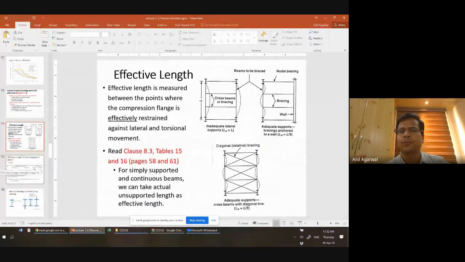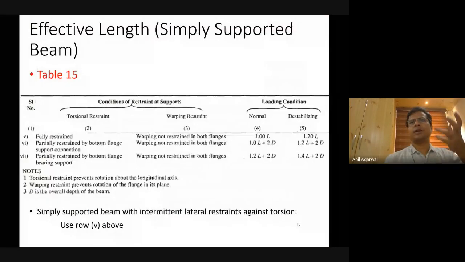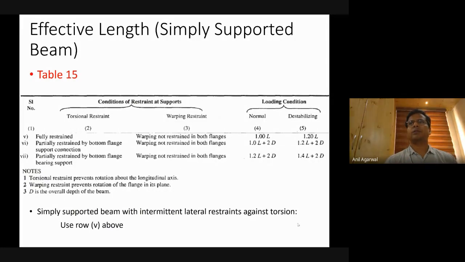All right, so this is how you determine which lateral torsional buckling length, LLT, we should consider. Now, on top of that, like in the case of columns, you remember there was a role of boundary conditions, correct? If you had a fixed boundary condition versus a free boundary condition, or a possibility of partial restraint, all those things were incorporated to calculate the K value, right?